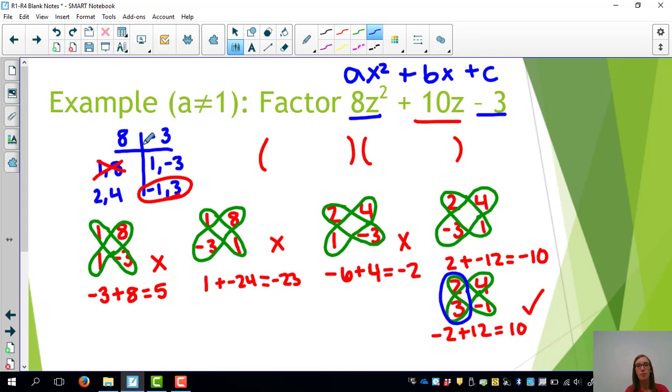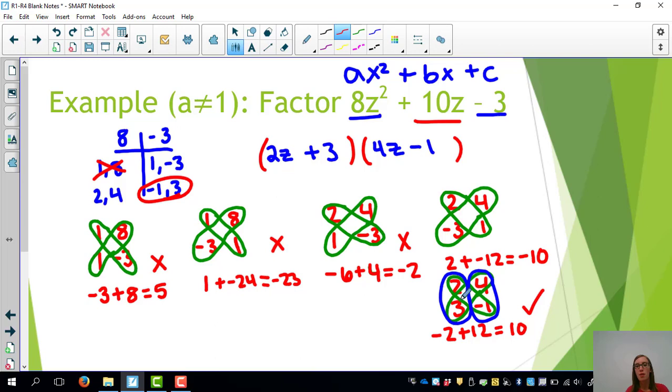The 2 is what came from the 8, so it's the one that goes with z. So just from top to bottom, 2z and then a positive 3. Plus 3. And then 4z minus 1.